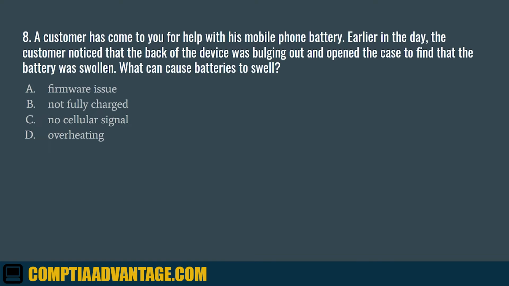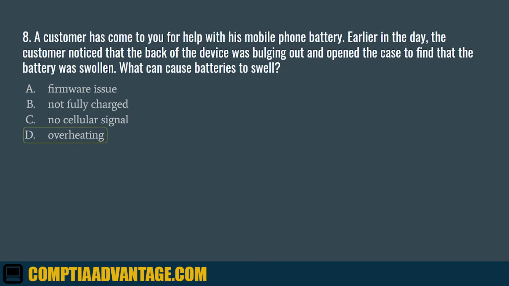Question 8. A customer has come to you to help with his mobile phone battery. Earlier in the day, the customer noticed that the back of the device was bulging out and opened the case to find that the battery was swollen. What can cause batteries to swell? A. Firmware issue, B. Not fully charged, C. No cellular signal, D. Overheating.